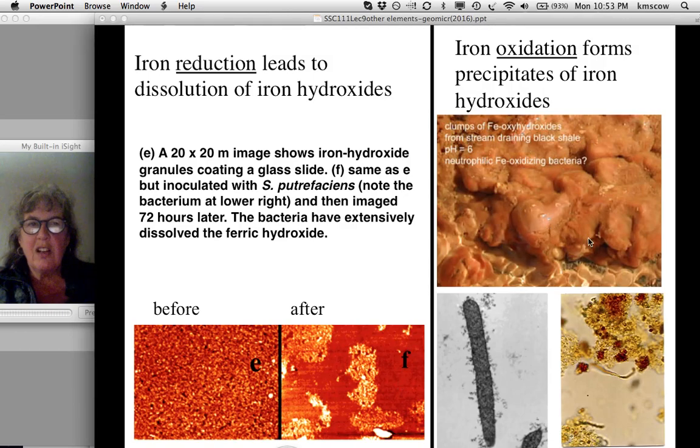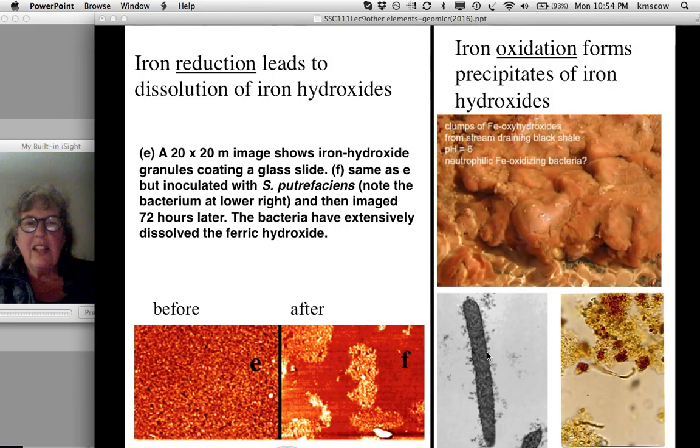In contrast, oxidation often forms precipitates. Here's a picture of an iron oxidizing bacteria with all these little granules of iron that have fallen out around it and even are coating it. These pictures show this precipitated iron around this little flock of bacteria.